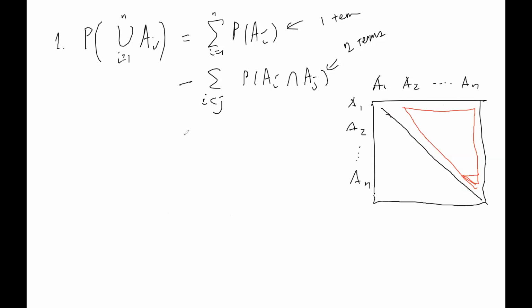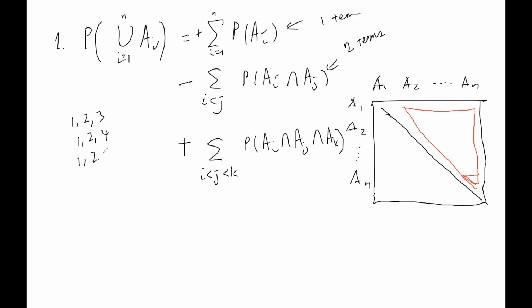Okay, and then you have plus. So it goes plus, minus, plus, minus. The sign will alternate, right? The third one is I, J, K. You have I, J, K. So it's basically like 1, 2, 3, 1, 2, 4, 1, 2, 5, all the way to 1, 2, N, and then you repeat 2, 3, 4, 2, 3, 5, and so on, right?